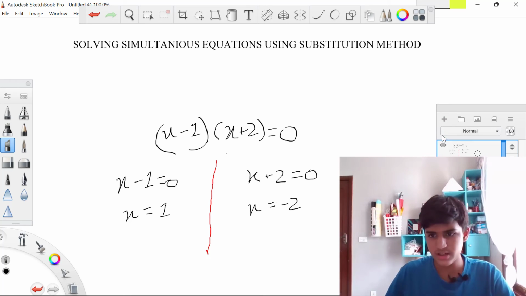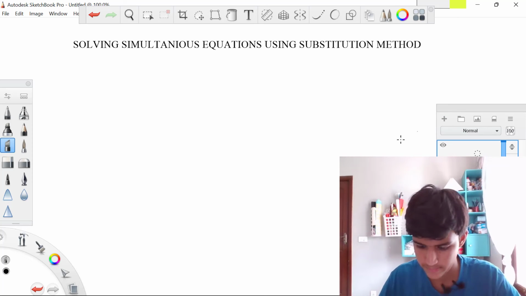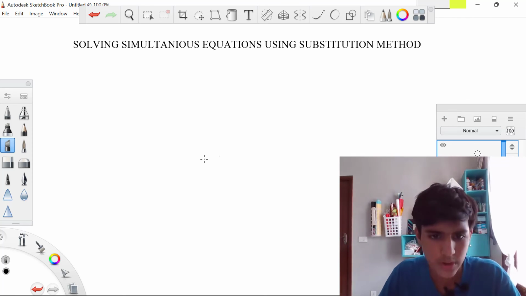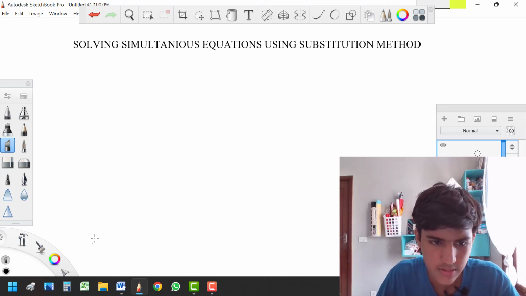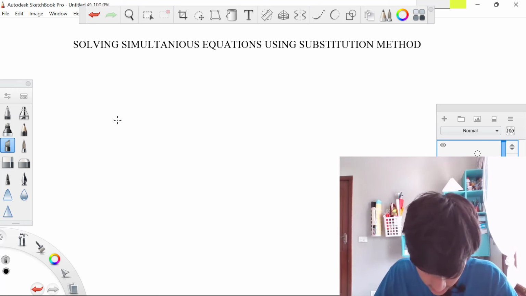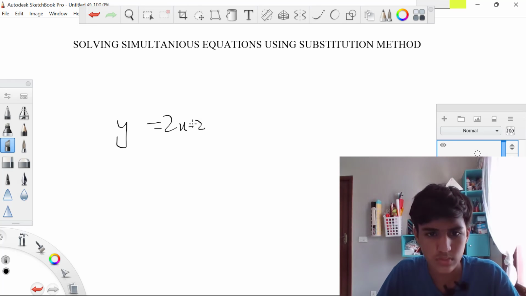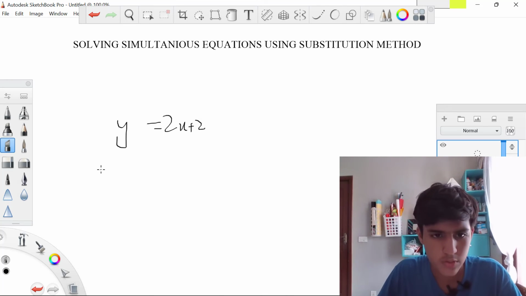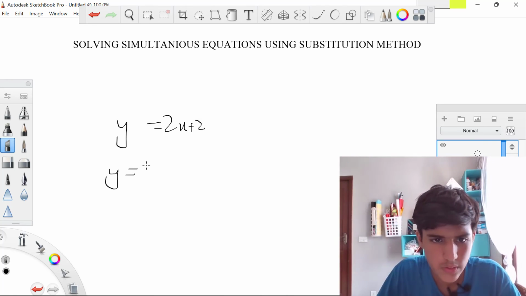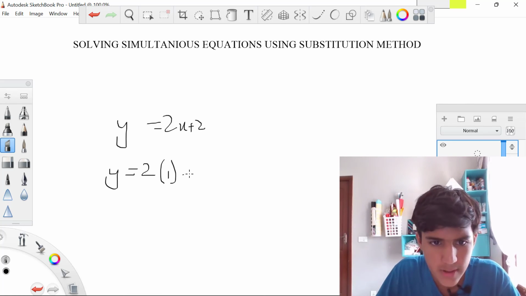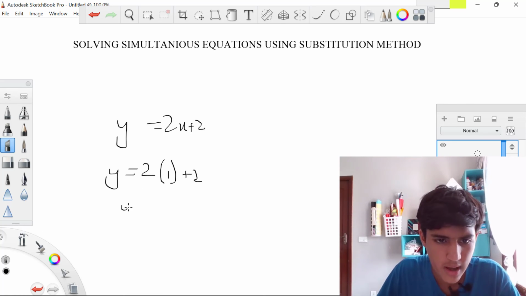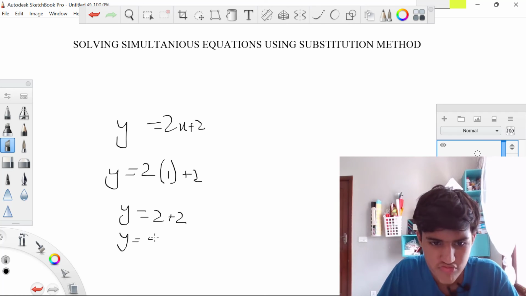Now in the original equation we had, we're going to put the values of x in it. So y is equal to 2x plus 2. y is equal to 2 into 1 plus 2. So y is equal to 2 plus 2, which is obviously 4.